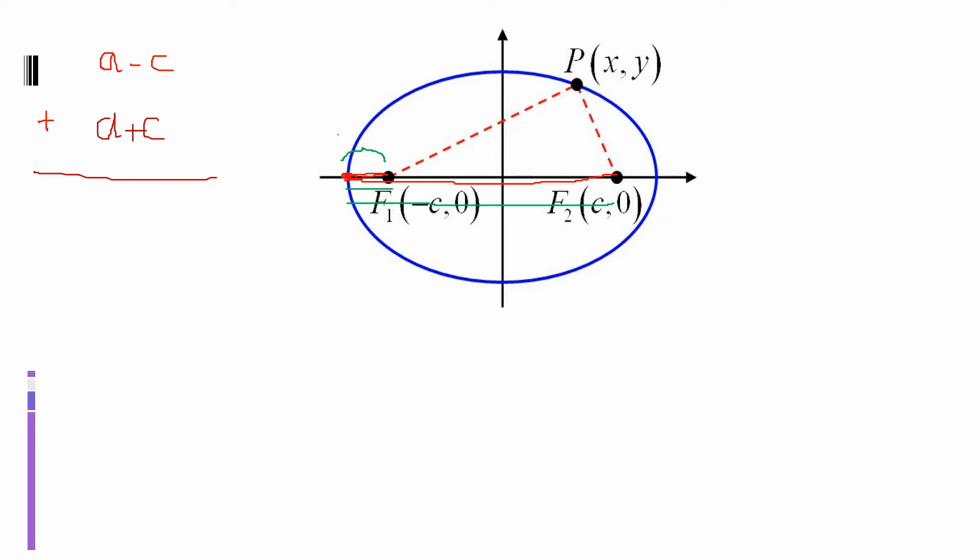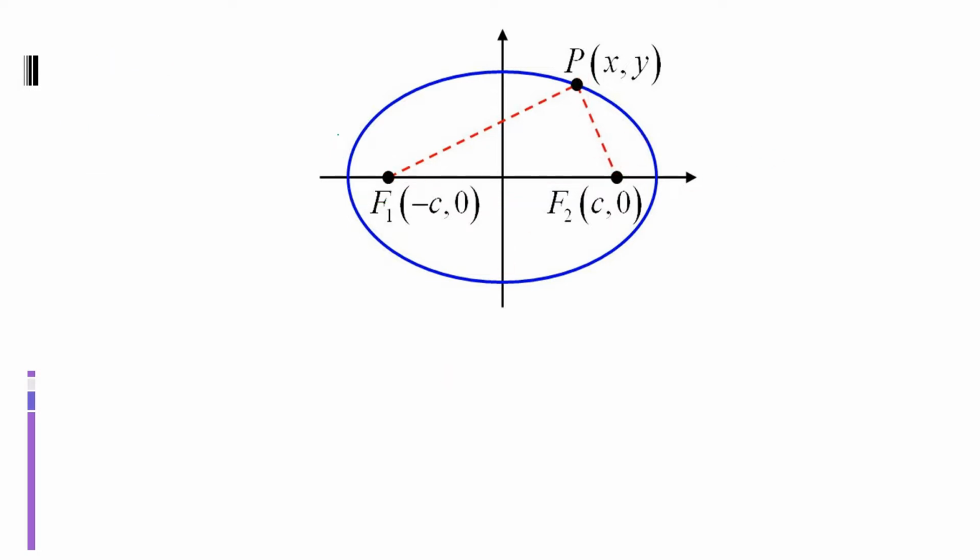And if we add the two distances, makikita ninyo that that is just equal to 2a. So actually, yung sinasabi pala dito na fixed distance is actually equal to 2a. Kahit anong point pala yan, yung sum ng distances niya from the two foci is equal to 2a.